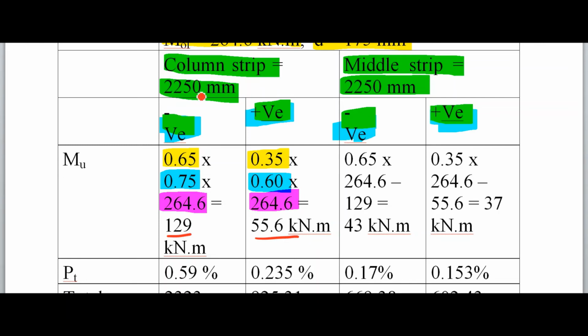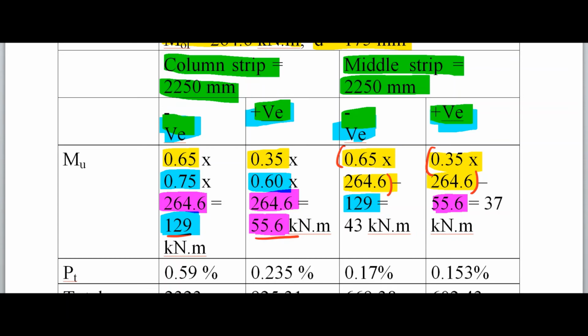Now for the middle strip, same thing: 65% negative, 35% positive. Multiply by 264.6, and then subtract the total column strip moment, the total negative moment as well as the total positive moment, right?